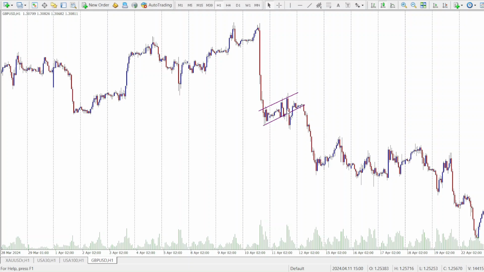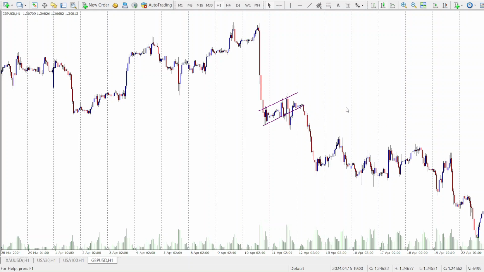This consolidation creates the flag. It's often a pause in the market before the next leg down. You can see that right after the flag formed, the bearish move continued.